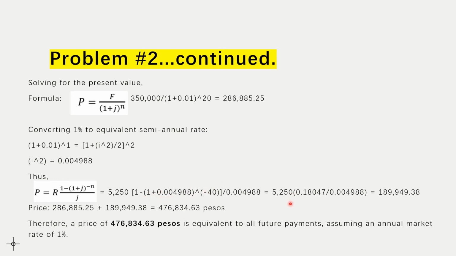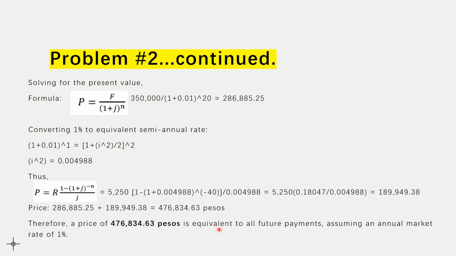So now we get 5,250 times 0.18047 divided by 0.004988. Further solving it, we divide this and multiply it by 5,250. PEMDAS rules apply, and now we get 189,949 pesos and 38 centavos.